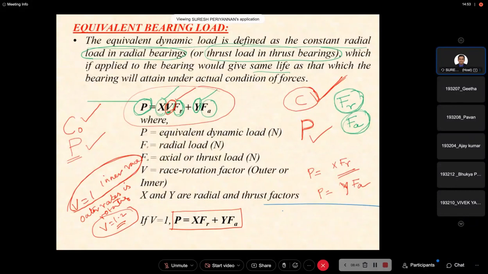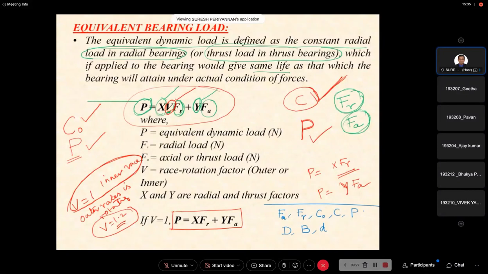One is F naught, FA axial load, F radial load, C naught static load, C dynamic load carrying capacity, and P is our equivalent dynamic load. And D, the outer diameter of the bearing. Capital B, width of the bearing. And d, diameter of the shaft or inner diameter of the bearing.